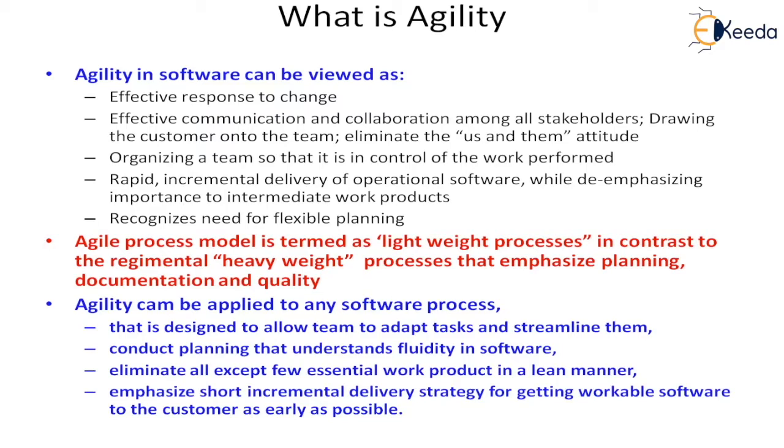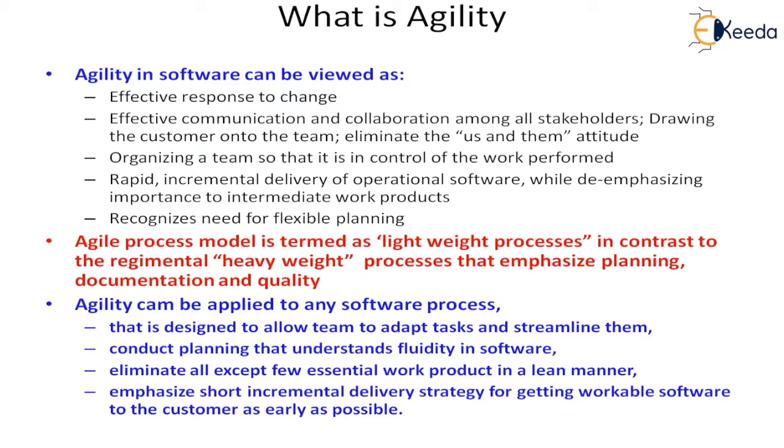Eliminate all except a few essential work products in a lean manner. So only a few essential work products should remain, and this software process should be very lean in the work products. Only the essential work products should be created, and all other work products should be eliminated. That is the meaning of the lean manner.